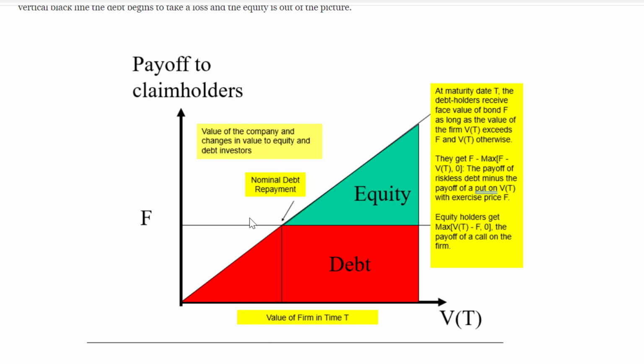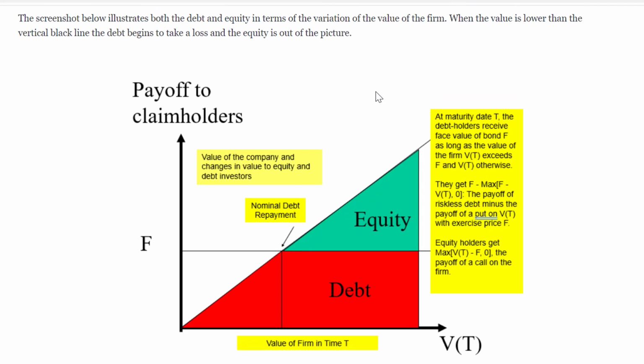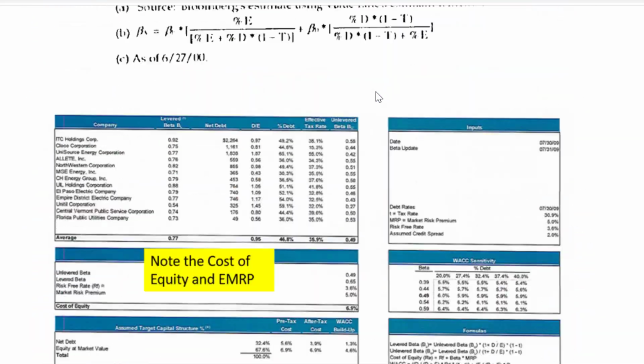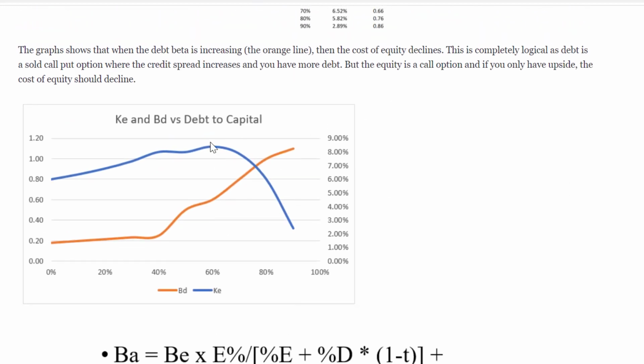But just pretend you're sitting about here, and the value of the company right now is here, and it could go way down or way up. Well, the loss the equity takes is minimal because the debt takes the downside and the equity takes the upside. And when you translate this, that's exactly why the cost of equity actually goes down with higher gearing.